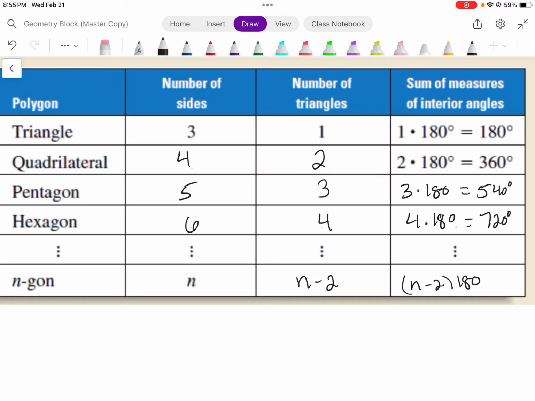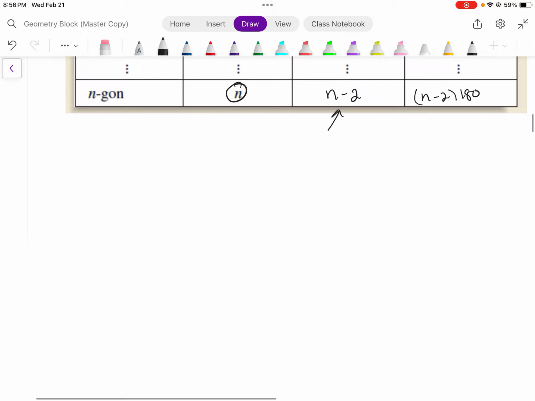Pentagon, hexagon, we even drew those. So we had 3 sides, we formed 1 triangle. We had 4 sides, we had 2 triangles. 5 sides, 3, 6, 4. So again, in this situation where we just have n sides, which can be any number, we have n minus 2 triangles, and we multiply it by 180.